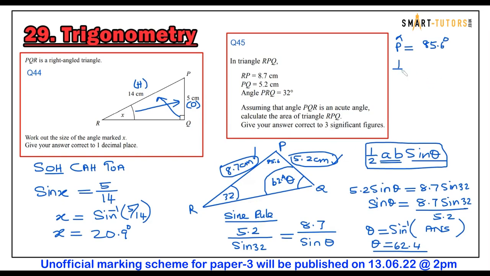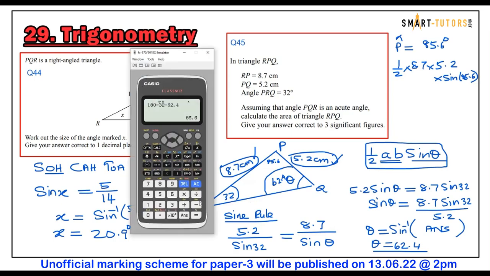So you can choose, that is A and B. So that area is half times 8.7 times 5.2 times sine 85.6. So that is the answer. So you press the calculator.